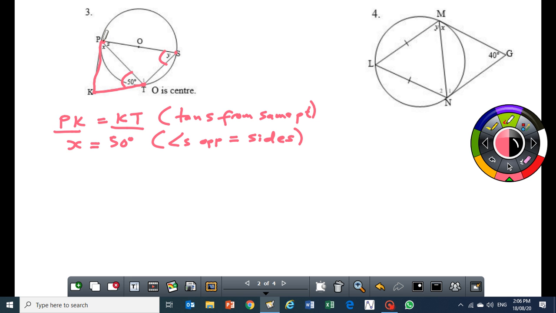Do you see that angle X is opposite KT and this angle of 50 degrees is opposite PK? That's why we say they are angles opposite equal sides. Angles opposite equal sides are equal.